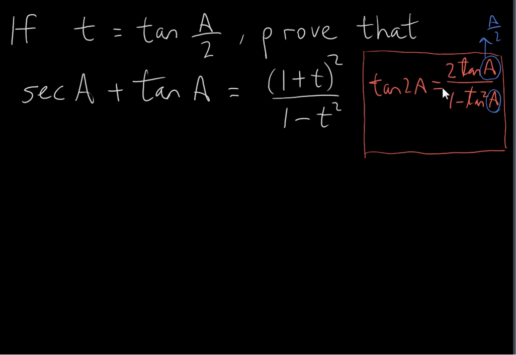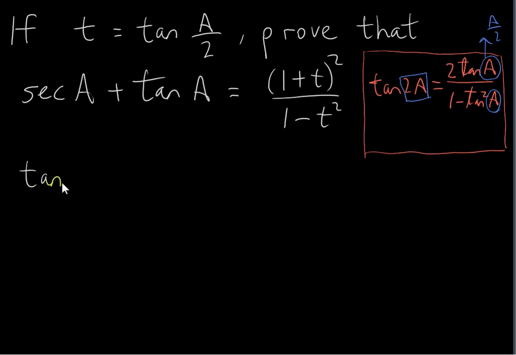Okay, so you'll see this in tables, and if a is a over 2, then this angle here is 2 times a over 2, which is a. So that's how we get tan a, and that's what we need here. We need tan a, so let's get tan a first of all. Let's make that substitution.